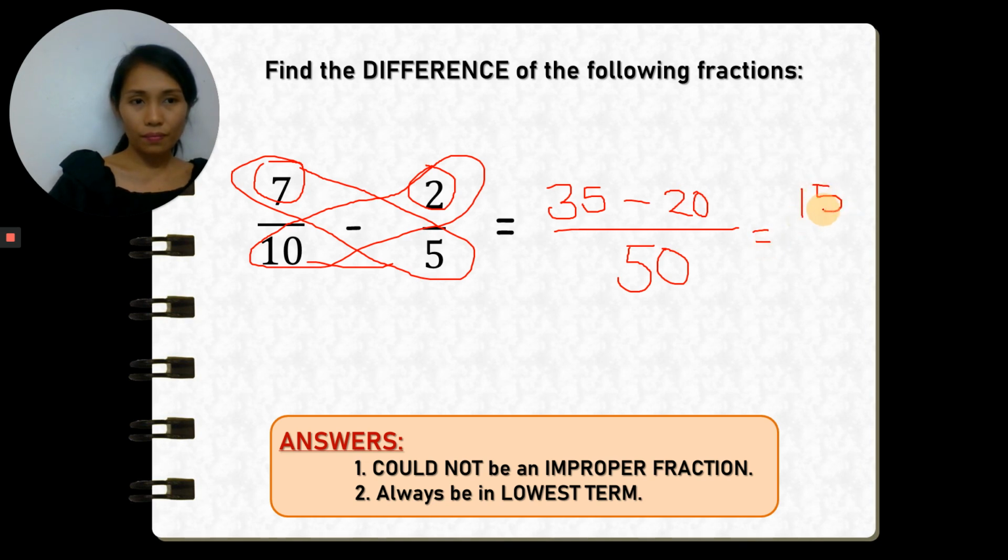15 over 50. Now, is it an improper fraction? No, it's not improper. It's already a proper fraction, but it's not yet in the lowest term.